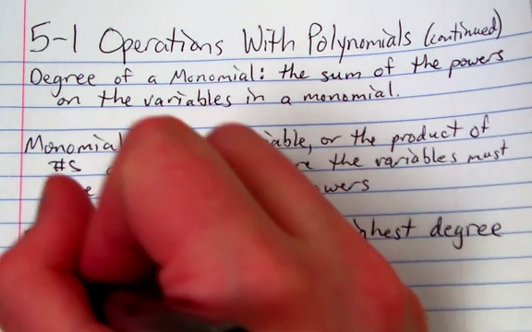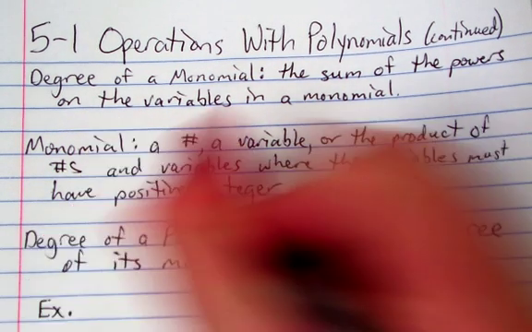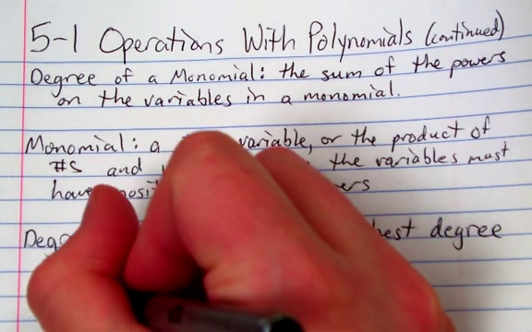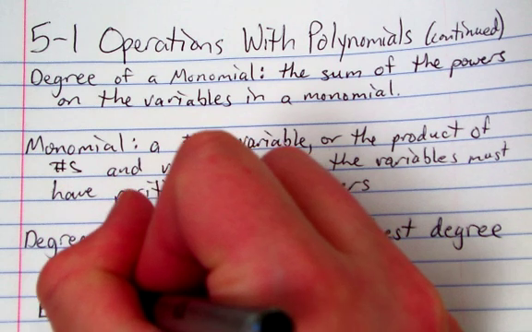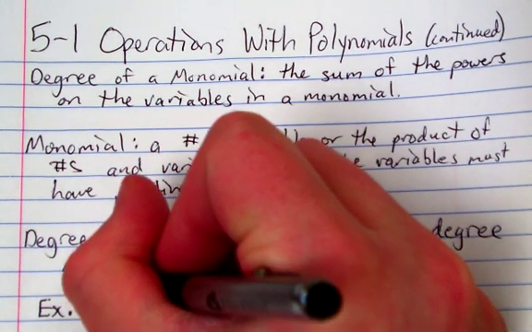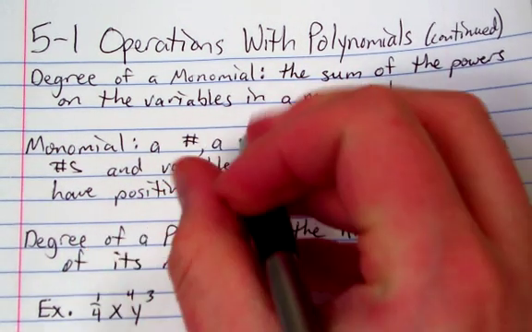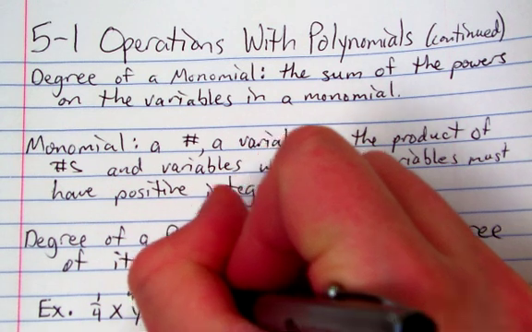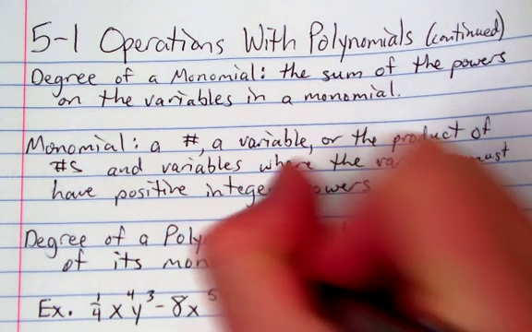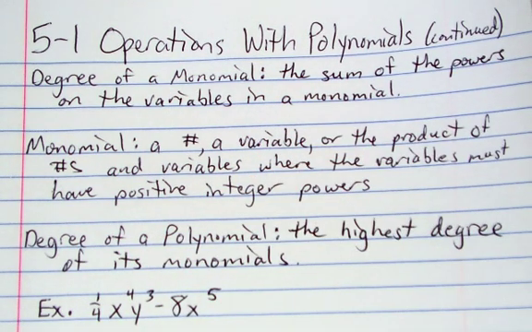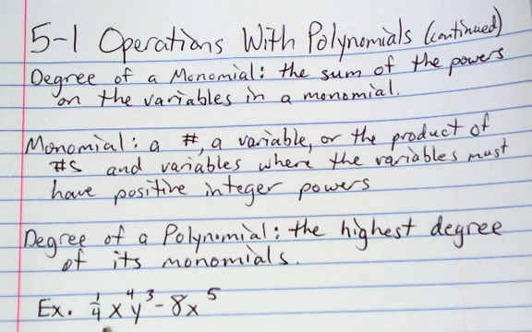As an example, let's say that I have the polynomial 1/4 x to the 4th y cubed minus 8x to the 5th. First, I would ask the question, are each of these monomials? And the answer is yes.